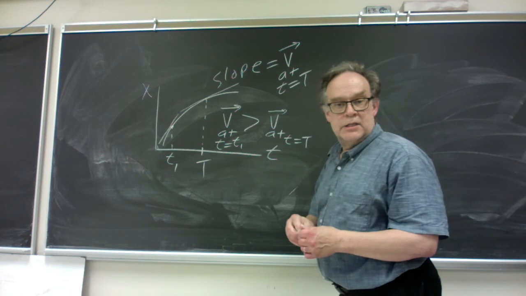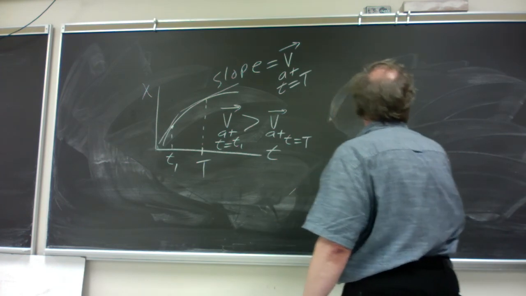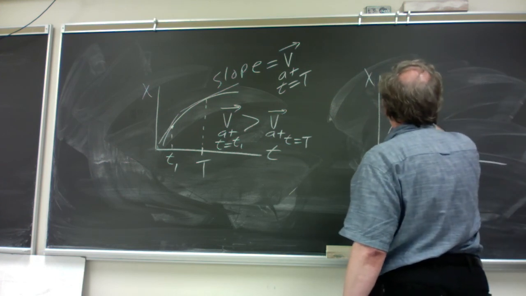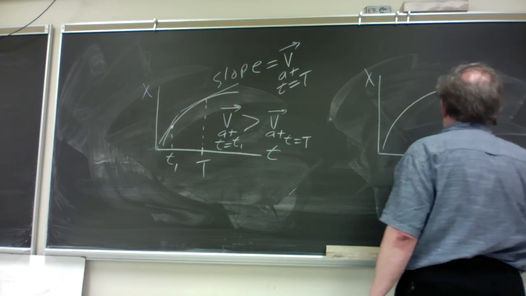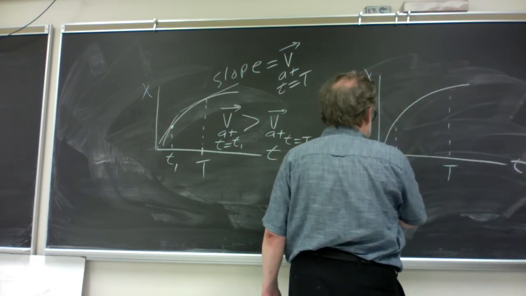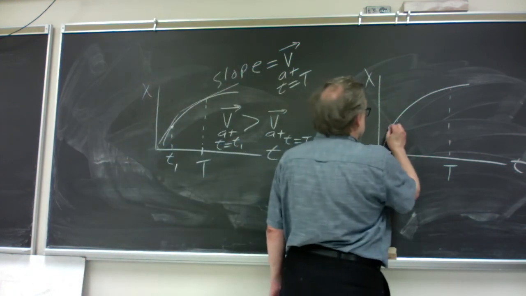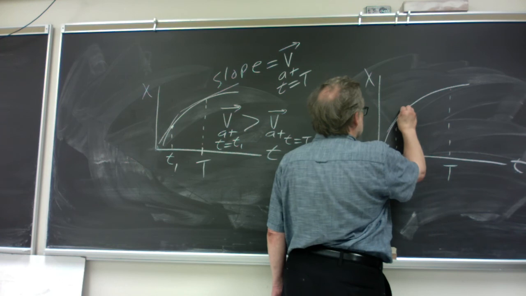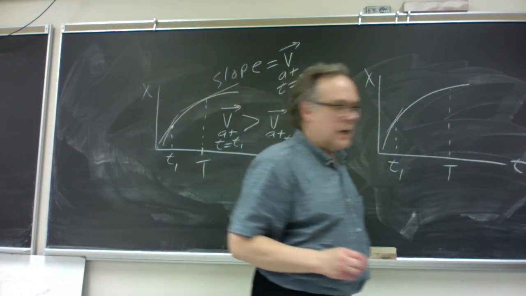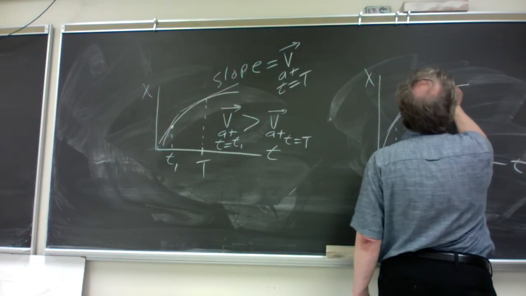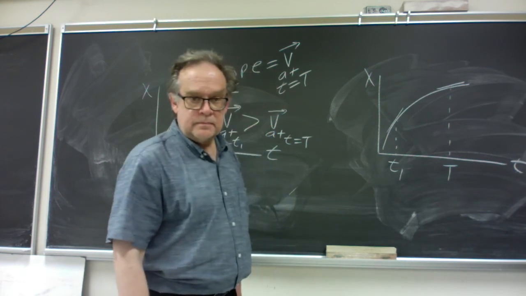So compare the velocity at t1 to the velocity at capital T. At t1, there's the straight line that's tangent to the curve at that point. At time capital T, there's the straight line that's tangent to the curve at that point.